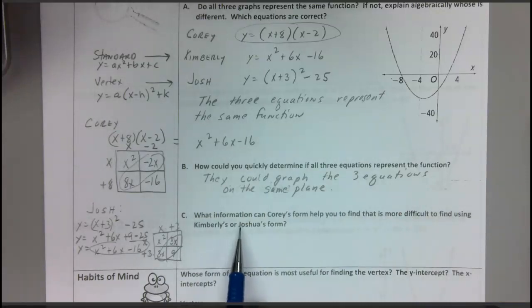What information can Corey's form help you find that is more difficult to find using Kimberly's or Joshua's?